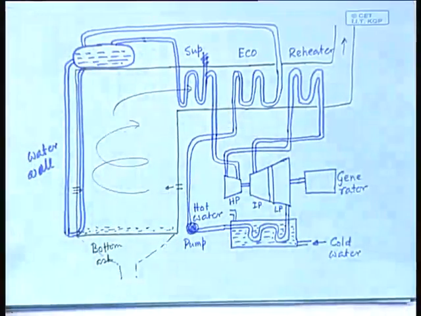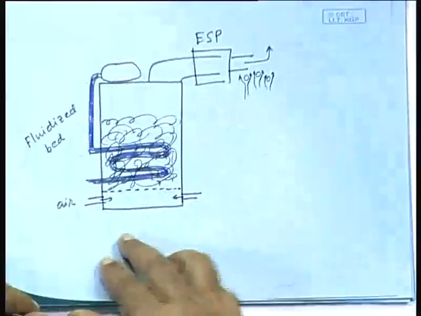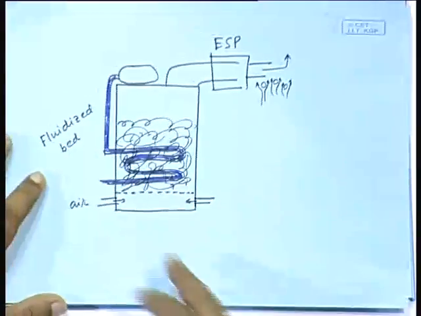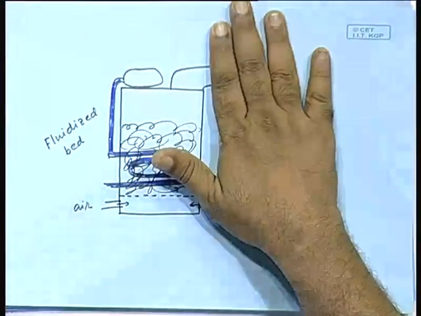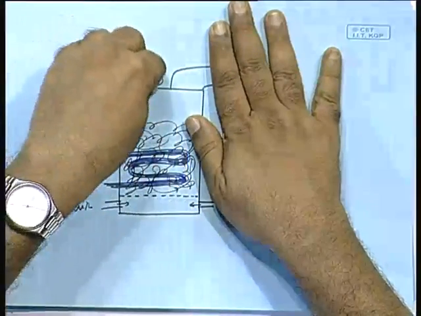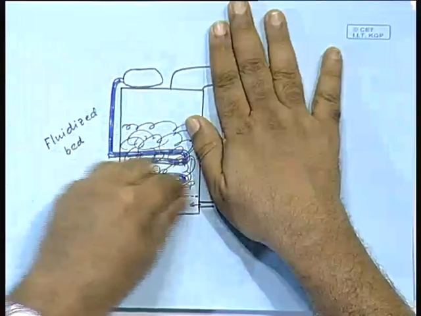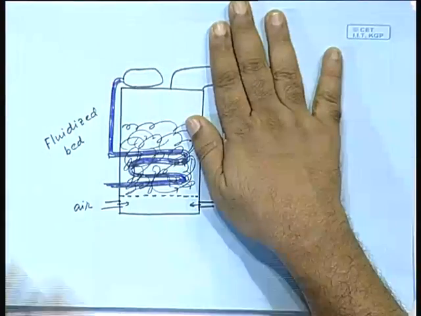actually I have taught in different stages. Don't mix them up. The first stage was where I talked about the actual power plant as it is today. Then I said that this can be replaced by a fluidized bed which actually does the burning of the coal. So what goes out in that stage is simply flue gas, CO2, and the burning is done where the water tubes are inside the fluidized bed. That is what takes the energy out. So it is only a replacement of the boiler.